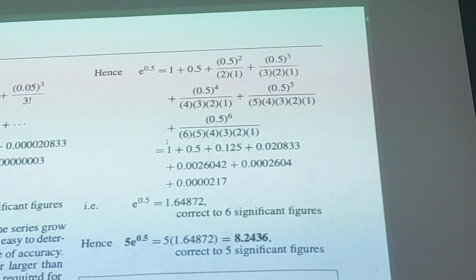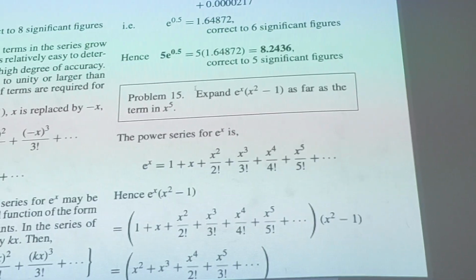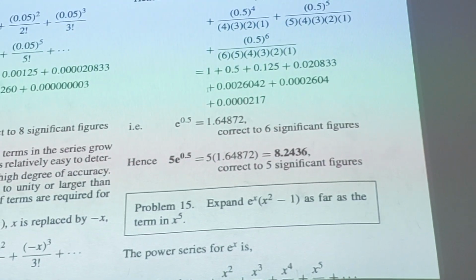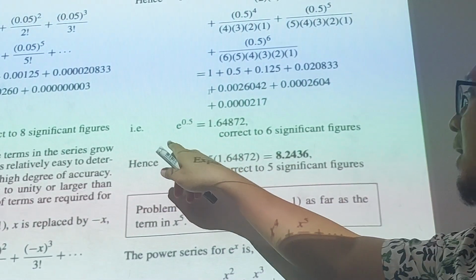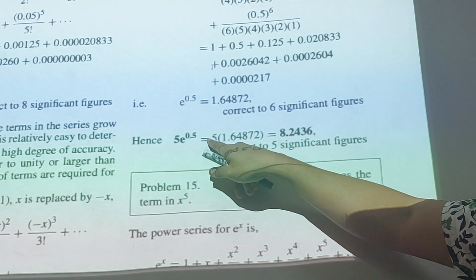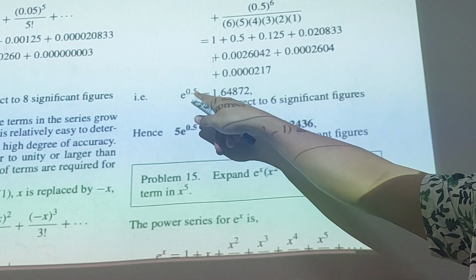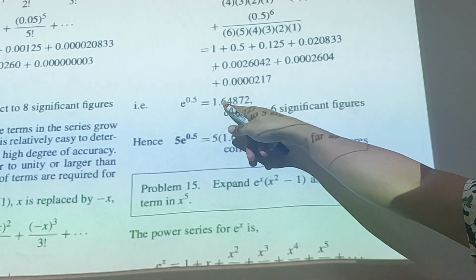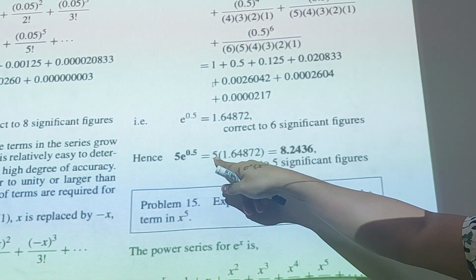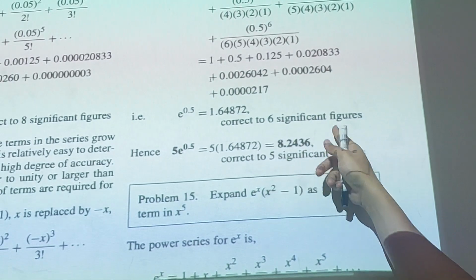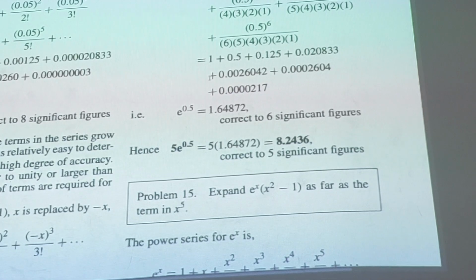Then you can multiply by 5, because the result of e to the power of 0.5 is 1.64872. You can simply multiply it by 5, so you get the result for 5 multiplied by the power series.